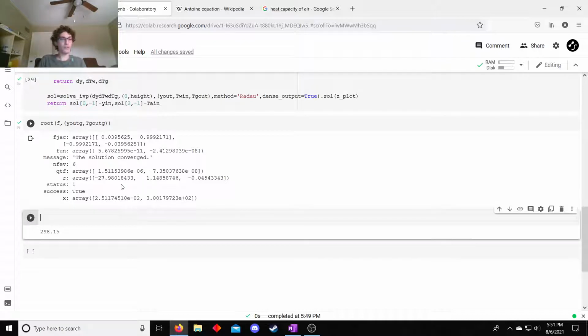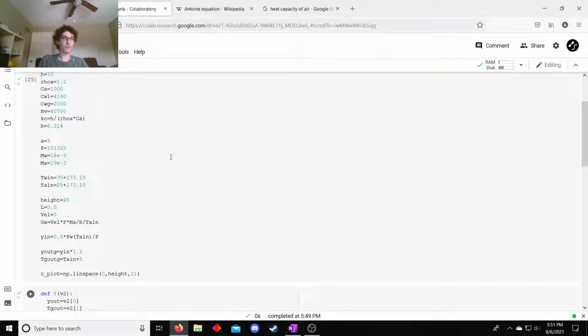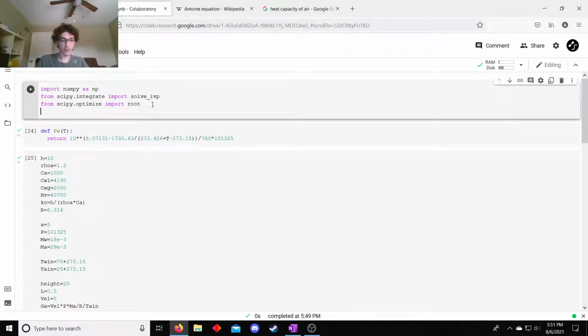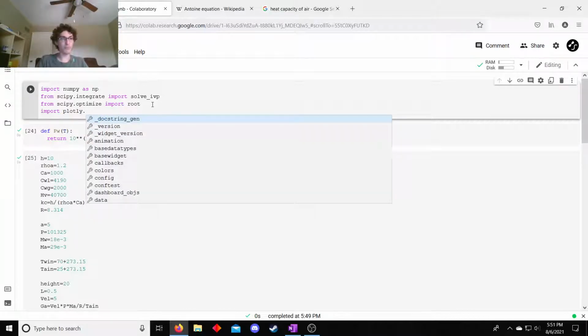So what we're going to do is set up figure, and we'll say that's equal to, well, actually what we need to do is hop up here and import plotly. This will give us functions to make our plots.